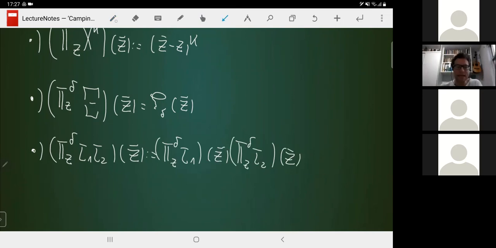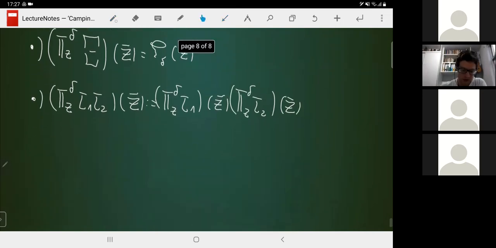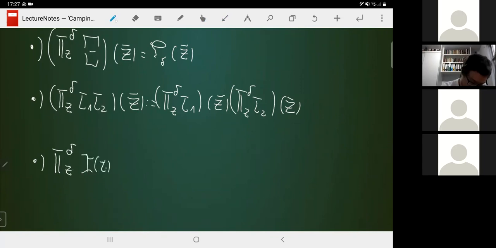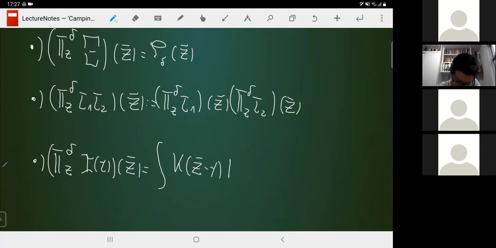And there's another thing, namely integration. So now we need to talk about how this map acts on this I, this symbol that represents integration. That's slightly more complicated. But let's see. So it's pi z delta of I of tau, at z bar. It is the integral of our heat kernel, k of z bar minus y, times pi z delta tau of y, dy.